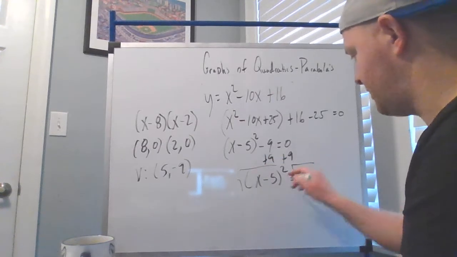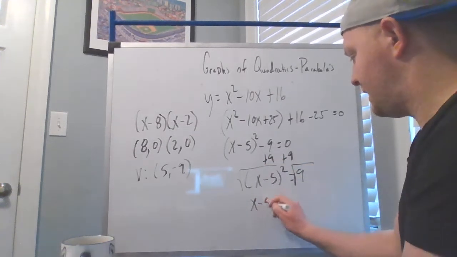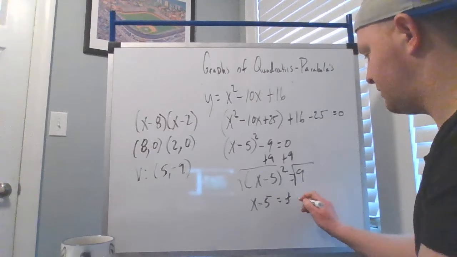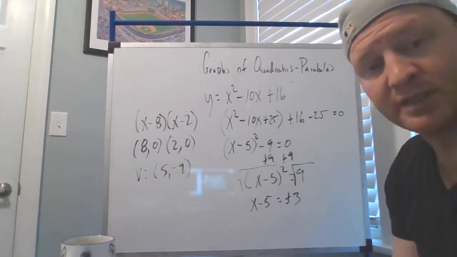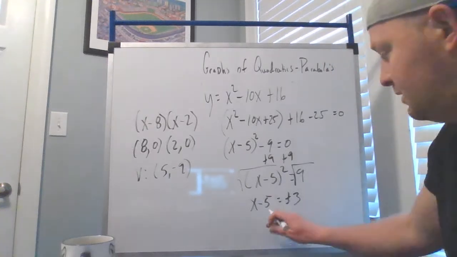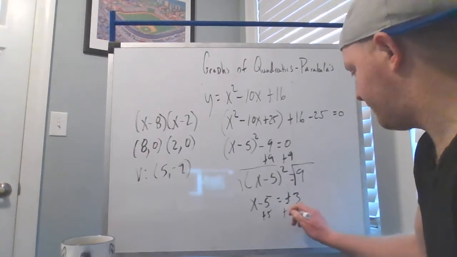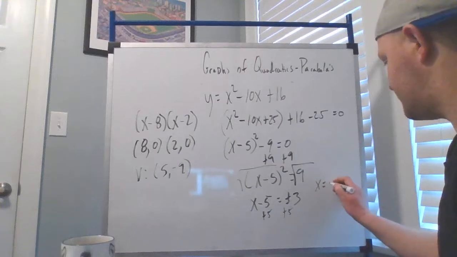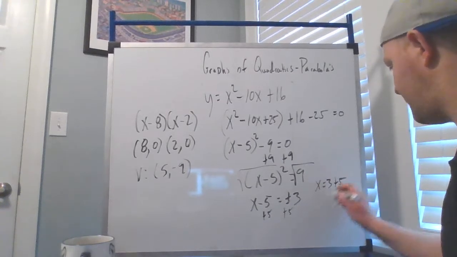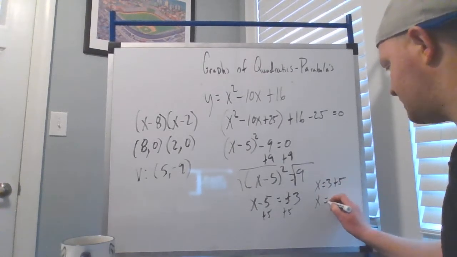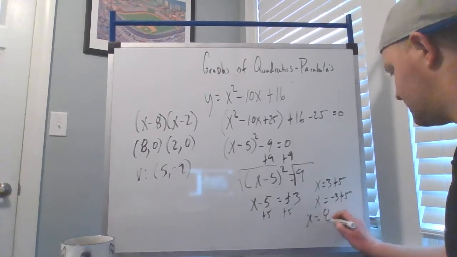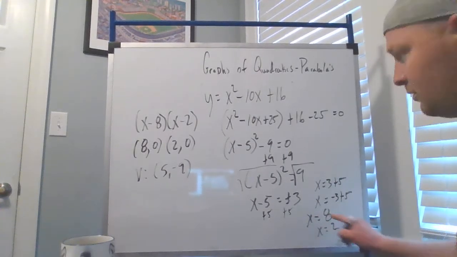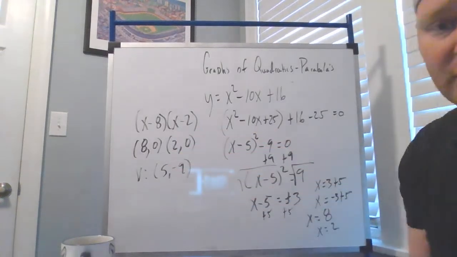Remember, this is plus or minus. x minus 5 equals plus or minus 3, because 3 squared is 9, just as negative 3 squared is also 9. So now let's find our solutions. I add 5 to both sides. So x equals 3 plus 5, and x equals negative 3 plus 5. So x equals 8 and x equals 2. Hence, both of my solutions right there.